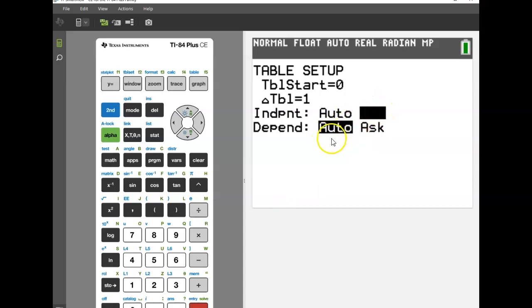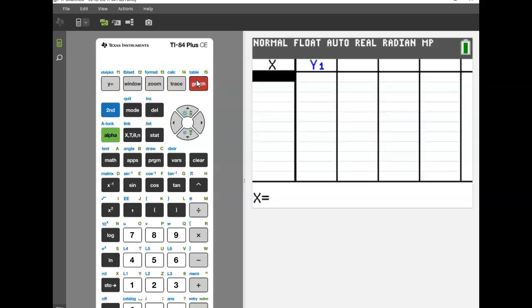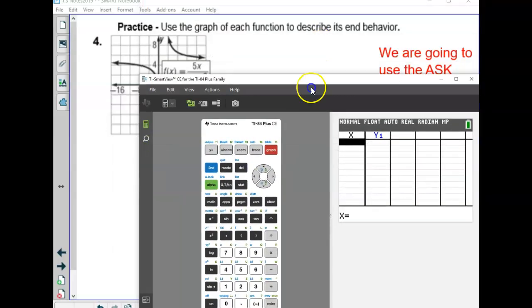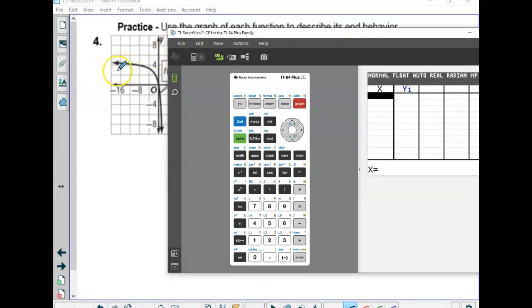So we're going to put it on Ask Auto. So now when you go to table, second graph, you might have something in there, but likely it's blank. Now we're going to plug in values, and it's going to put our x value into that equation and come up with a y value, whatever equation we typed in, y equals. So, how do you want to check a value off to the far left?